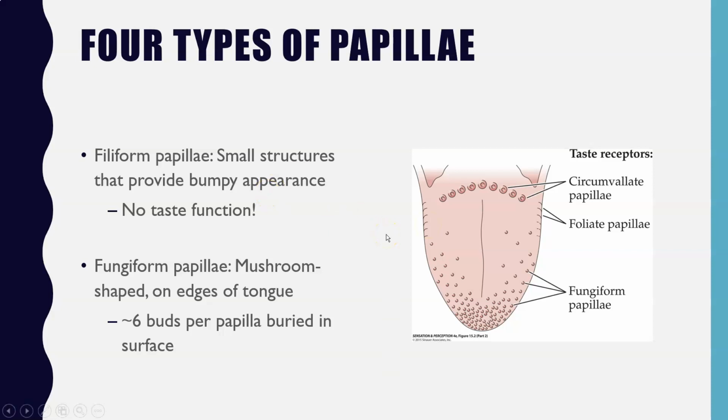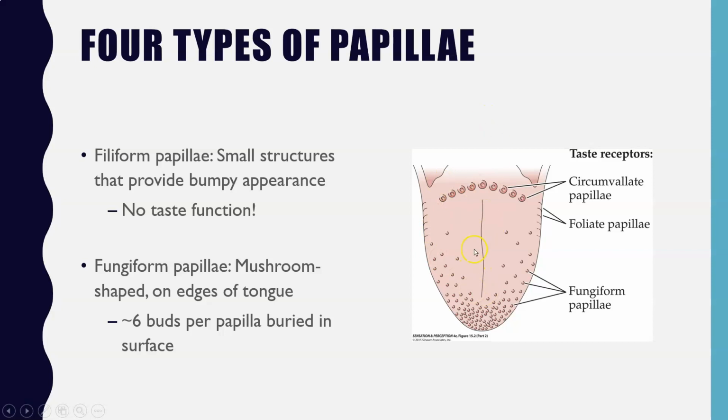So the first ones that you'll notice, they're not here in the picture, but they do contribute to the overall bumpy appearance of our tongue. They're called filiform papilla. These are what give your tongue a bumpy appearance. They don't actually have any taste function whatsoever. The 3 other types of papilla that we're going to talk about do actually play a role in taste function.